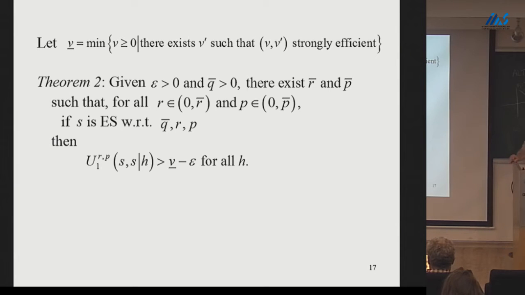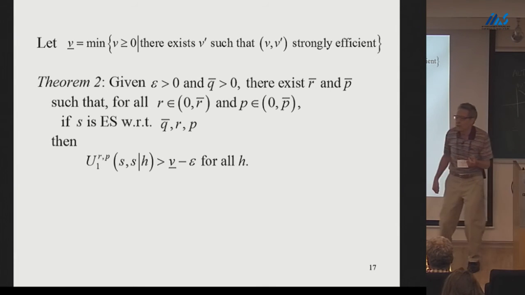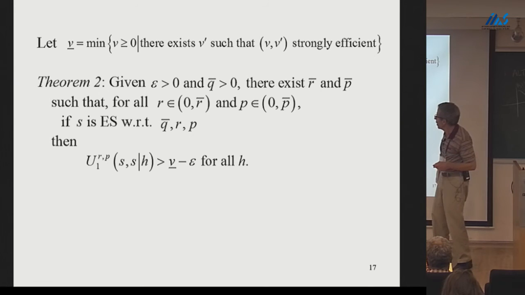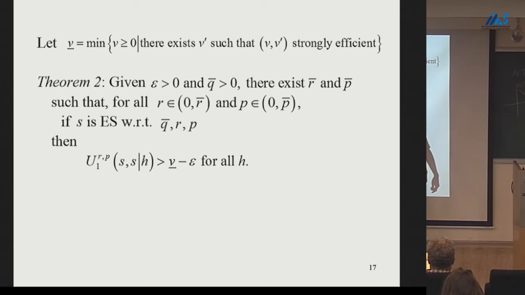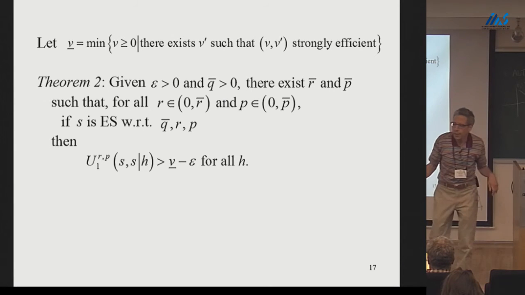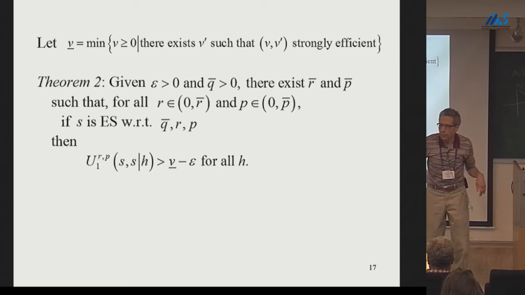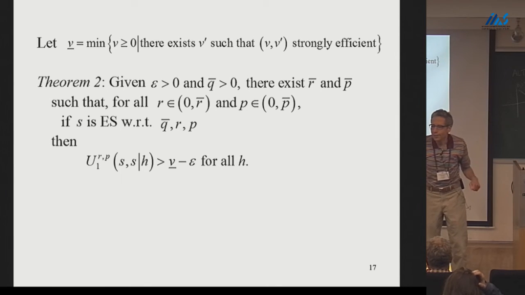Basically, you have to have an average payoff which is not much lower than V lower bar. You have to have a payoff which gets you at least V lower bar minus epsilon.